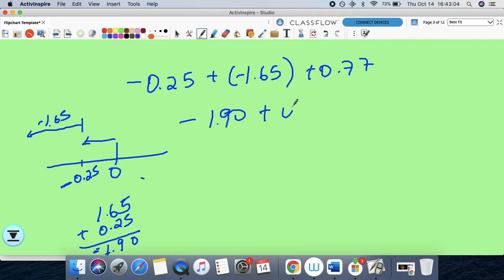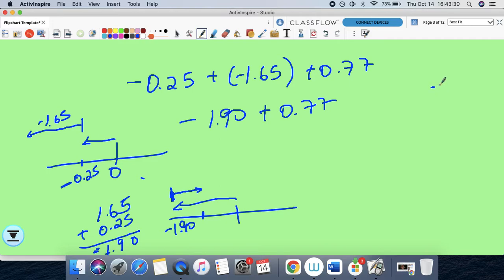Now, let me create that again. I am here at negative 1.90, and we're adding a positive value, so we're going to decrease our debt. We're going to go 0.77 to the right, and that's going to take us to a certain location, which we're about to find.